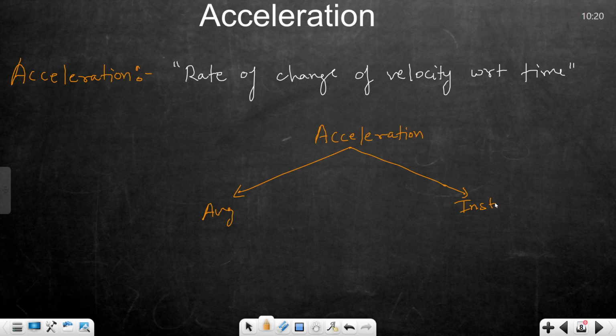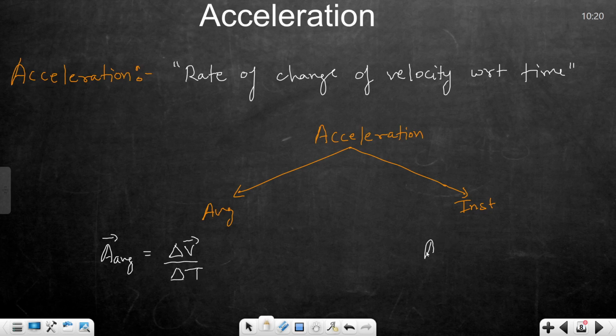So the topic will be the same, the terms will be the same, and the calculation has the same method. When we calculate average acceleration, that is simple. It is change in velocity upon time taken.